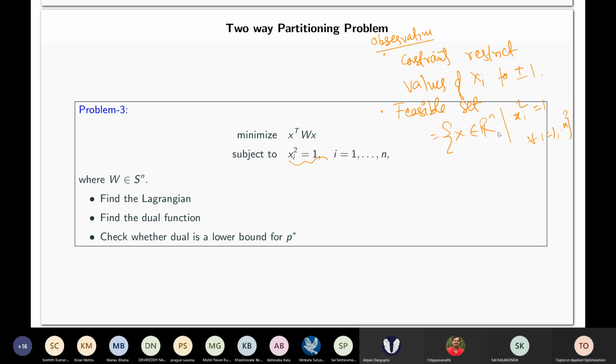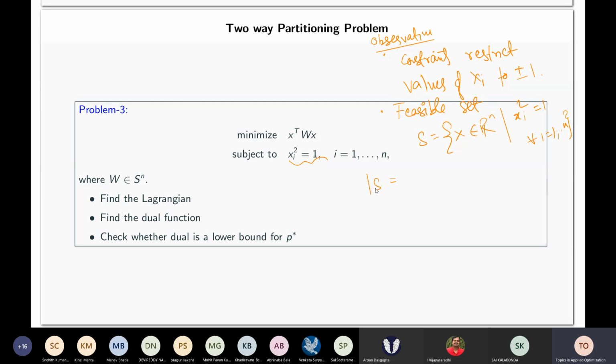So what about the cardinality of this feasible set? 2 to the n, since x has those choices.